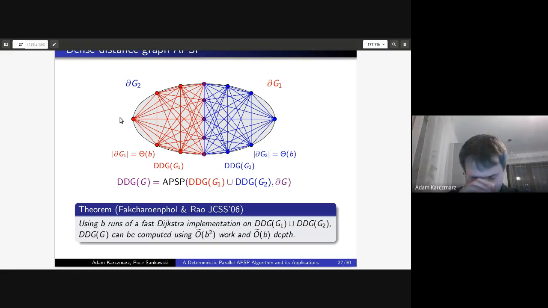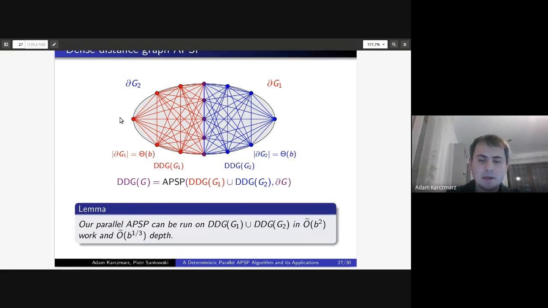There also exists a very fast implementation of Dijkstra's algorithm on DDGs, and this implies a B squared work and B depth algorithm. Now we show that, using some known tricks, our algorithm can be implemented on DDGs to run in B squared work and only roughly B^(2/3) depth.